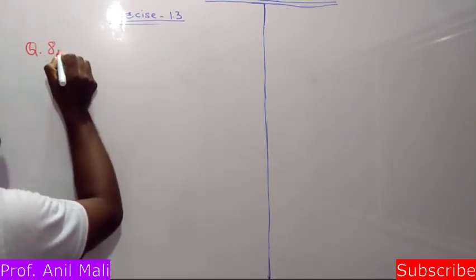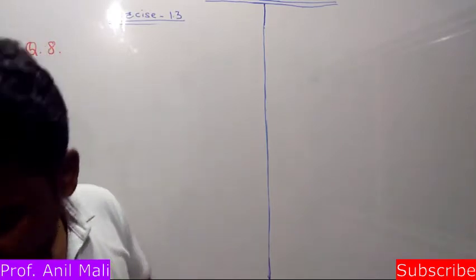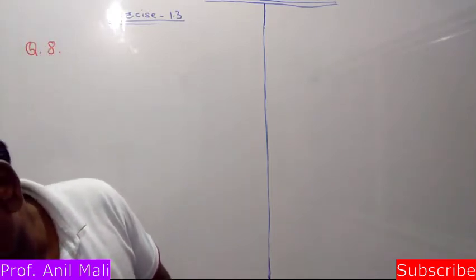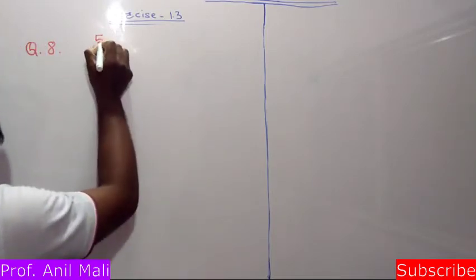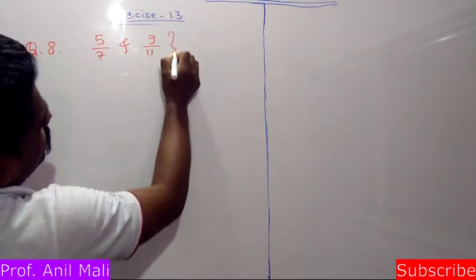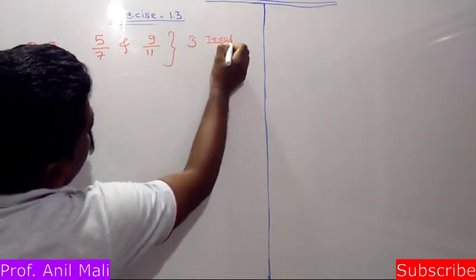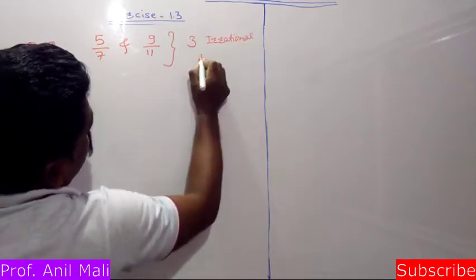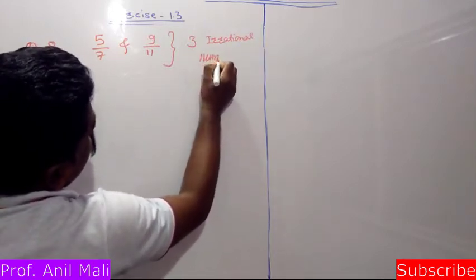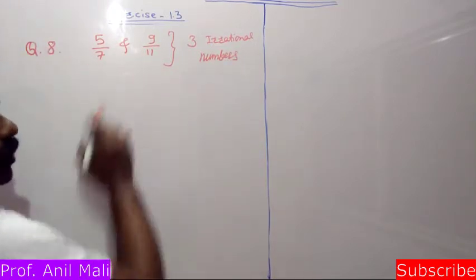Question number 8 is that two numbers which they have given us are rational, and those are 5 by 7 and 9 by 11. We just need to find three irrational numbers between these two rational numbers.